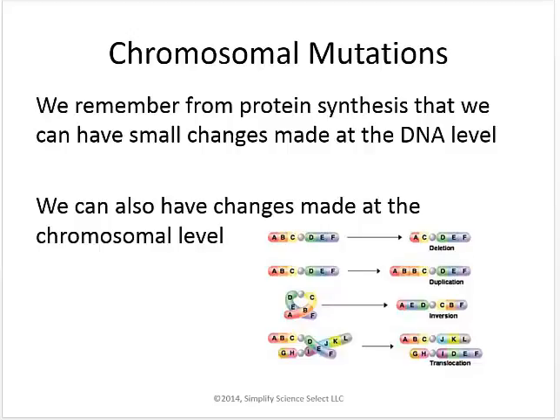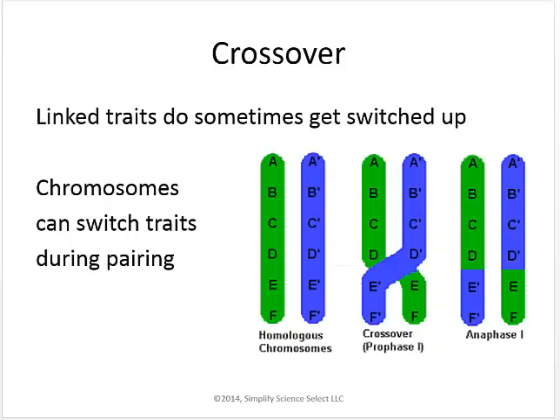We've already talked about how we can get small changes happening at the sequence level, at the nucleotide level. We talked about that in units 5 and 6, but we also can get them happening at the chromosomal level. For example, we get something called crossover, where the two homologous chromosomes, during prophase 1, can switch traits.